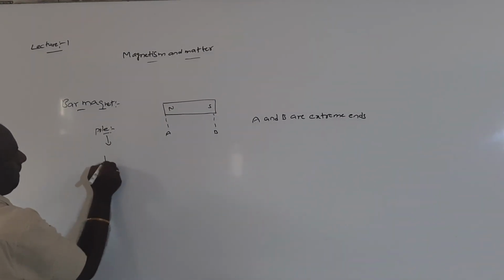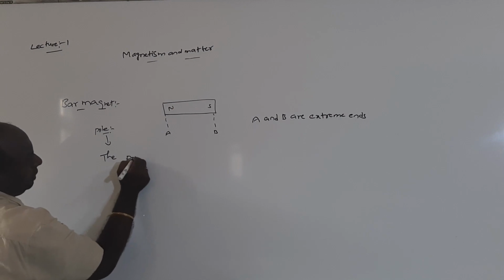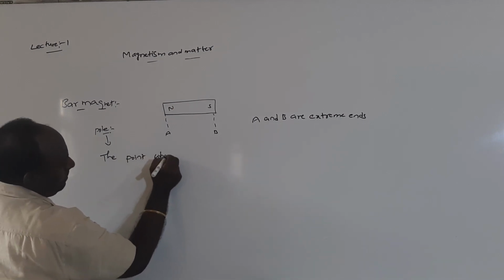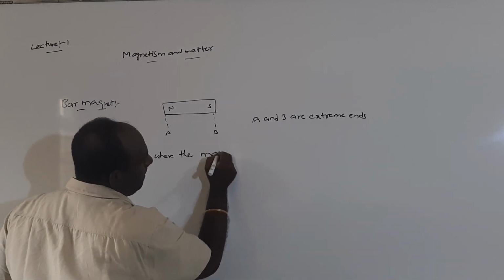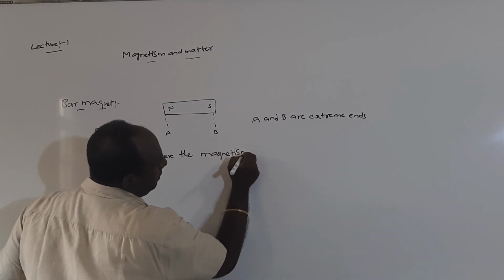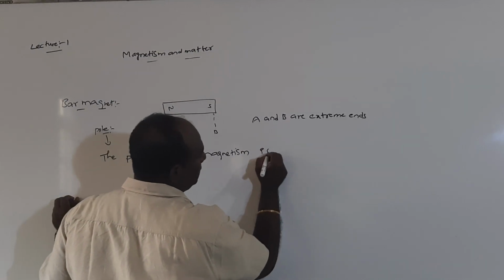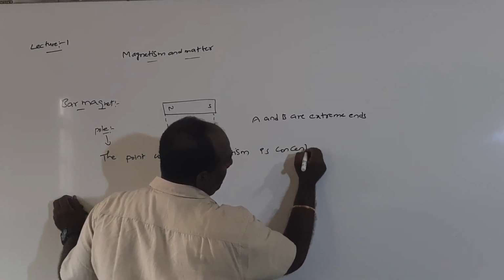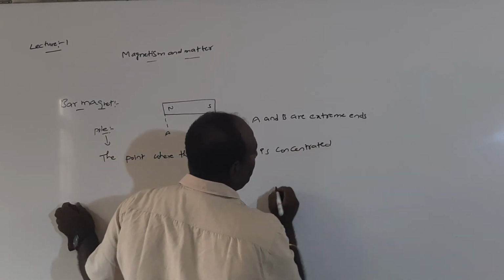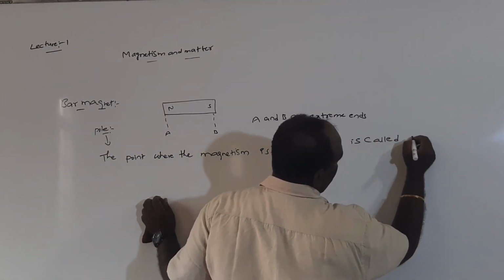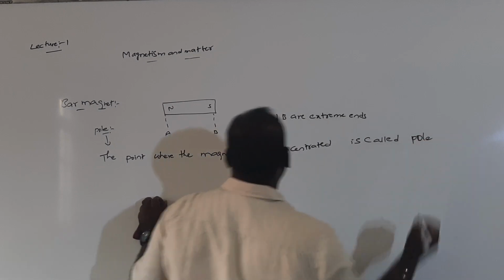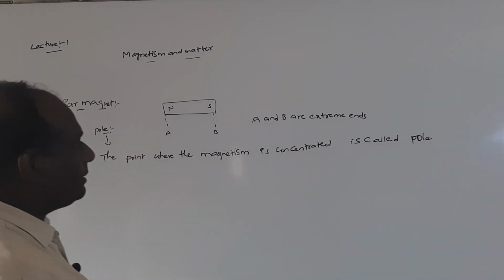Now I want to mention what is meant by pole. The definition of pole: the point where the magnetism is concentrated is called pole.